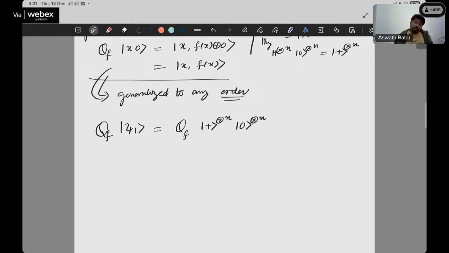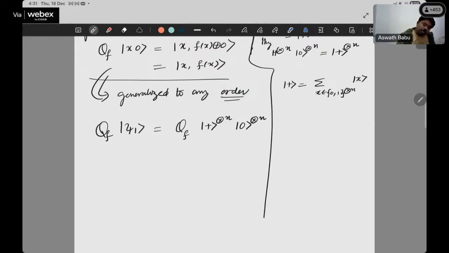What is that different way? Plus ket is written as summation over x belongs to 0 comma 1 tensor n, x ket divided by square root of 2 to the power of n, where n equal to 1.